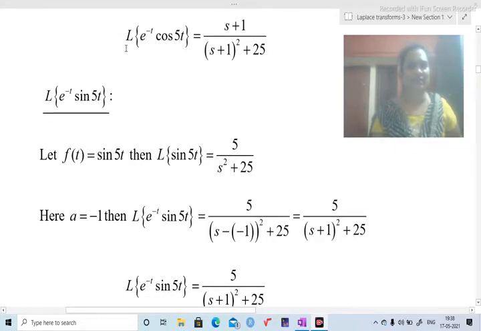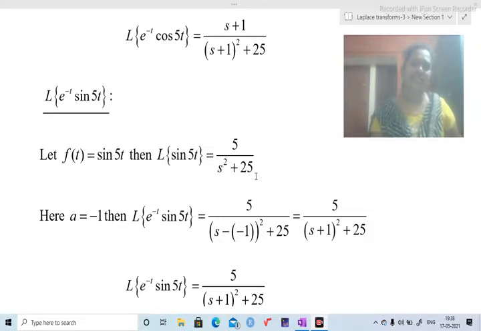Second portion of Laplace transform, L of e power minus t into sin 5t. Let f of t equal to sin 5t. L of f of t means L of sin 5t equal to 5 by s square plus 25. Why? Because we know that Laplace transform of sin at is a by s square plus a square.